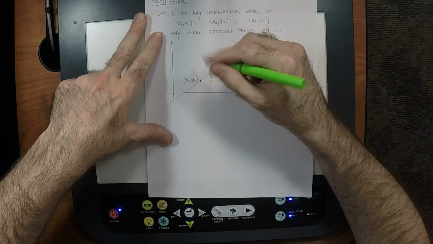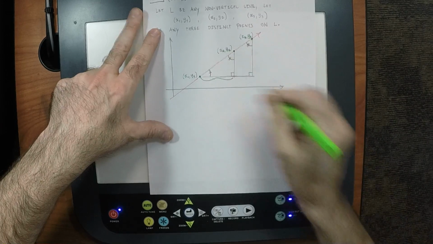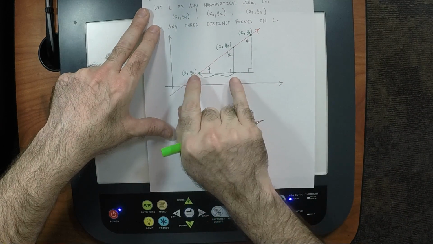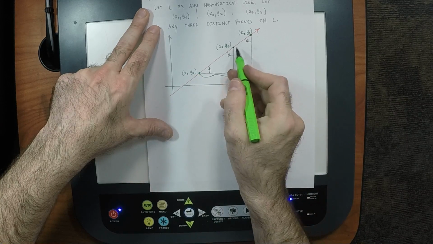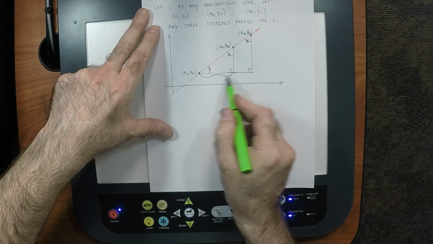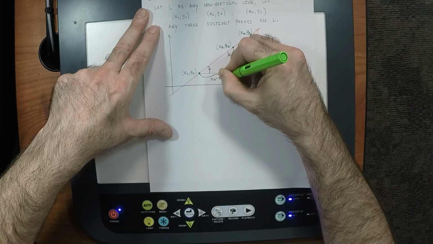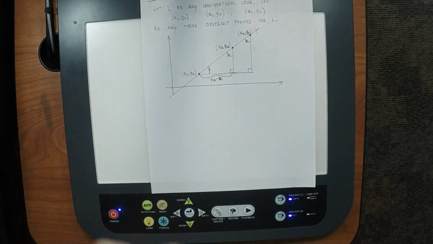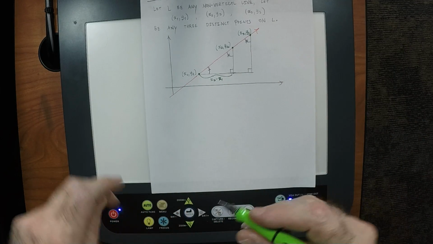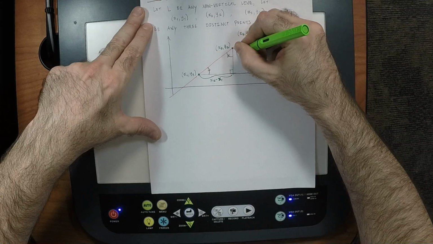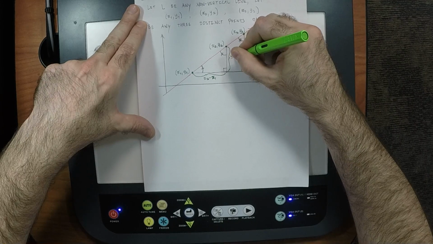So this length right here, really, what I am interested in is signed distance. So what is this length right here? Well, that'd be x2 minus x1, right? And be advised that that is signed, meaning that I'm not putting it inside of absolute value. Similarly, what is this measure right here? Yeah, this would be y2 minus y1.